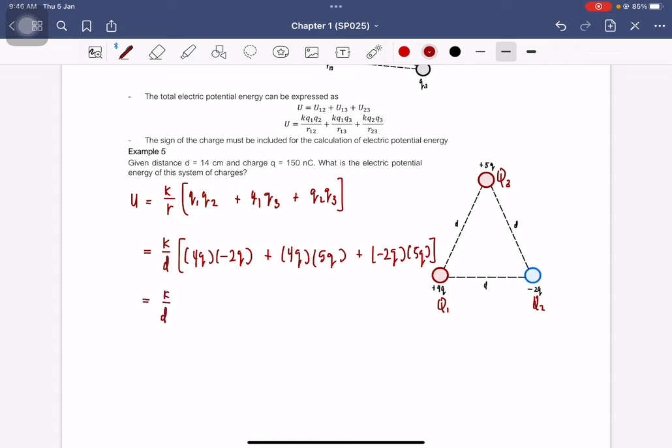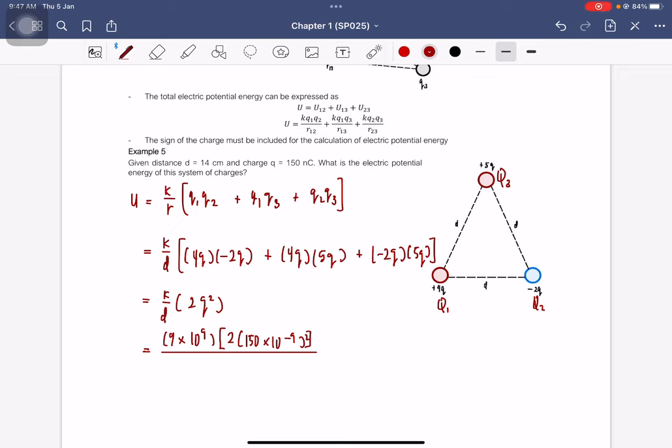You will get 2Q squared. From here, we just have to substitute the values. 9 times 10 to the power of 9, 2 times 150 nano, squared.